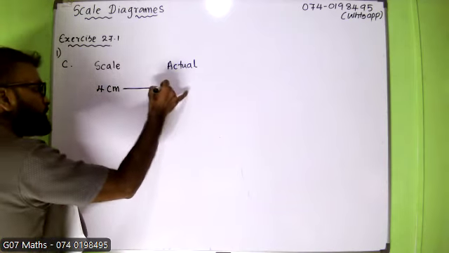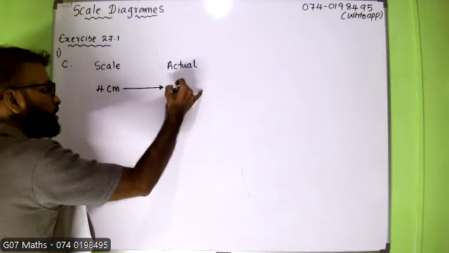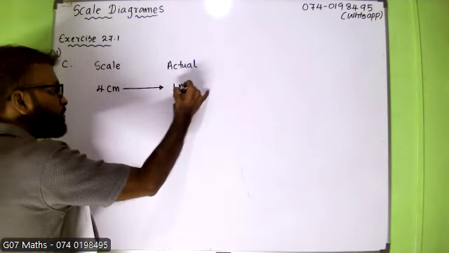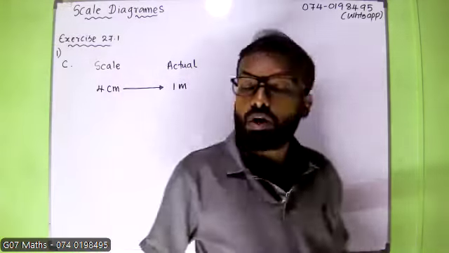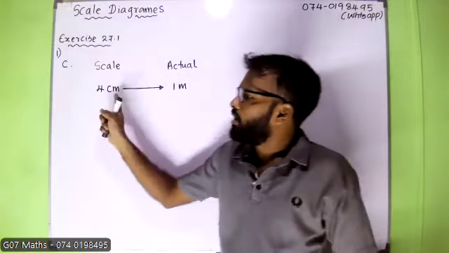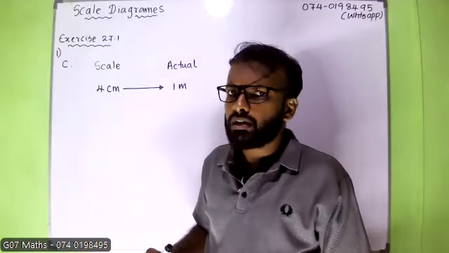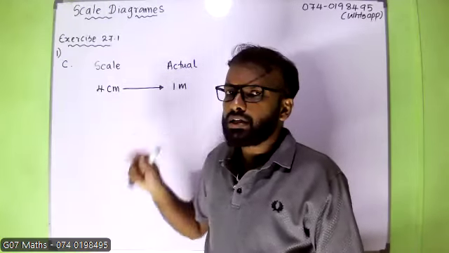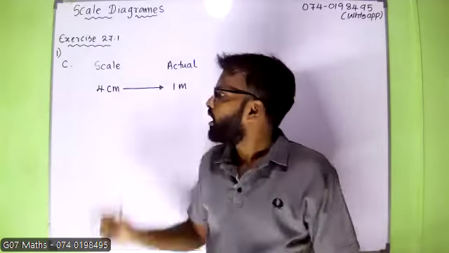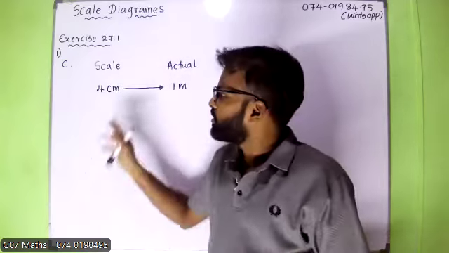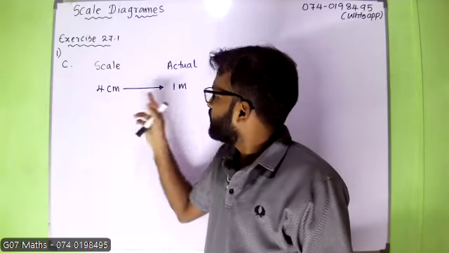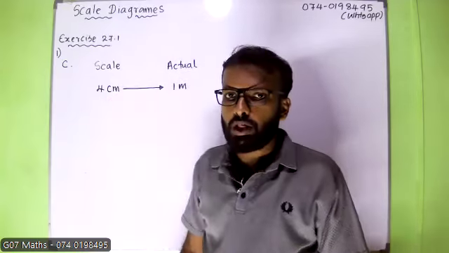Actual length is 1 meter. Now, what is this? First of all, you need to check both are in the same unit. Are both lengths in the same unit? Centimeter and meter, two different units.